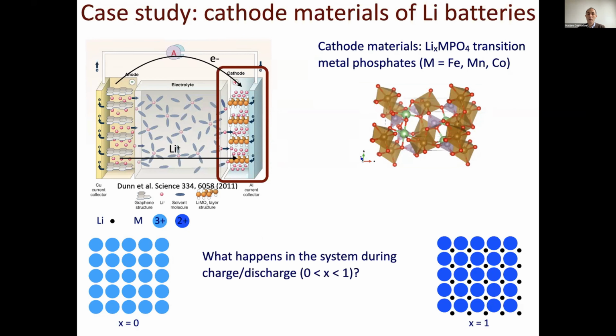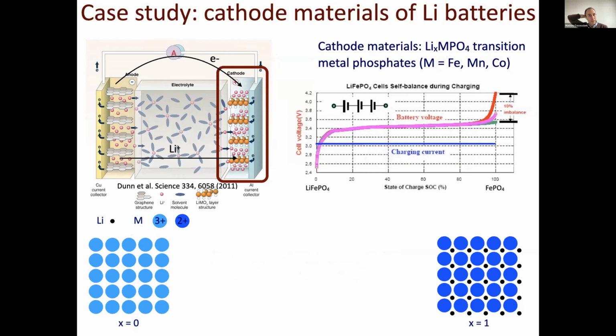So there are several questions. The main two we want to answer are what is the energetics of this process, and what happens in between during the charge or the discharge of the battery in terms of the materials that are involved in the construction of the cathode.